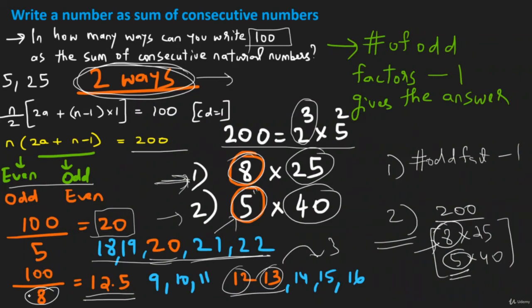Because we have 8, we need a total of 8 numbers. We already have 2, so we take 3 to the right and 3 to the left. So here we have 14, 15 and 16, and here we have 9, 10 and 11. So these are the two ways in which we can write 100 as the sum of consecutive natural numbers.